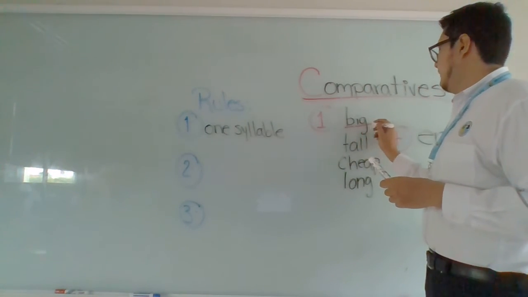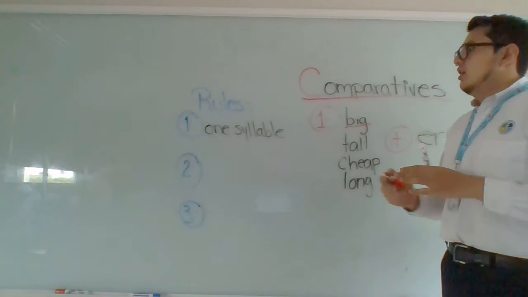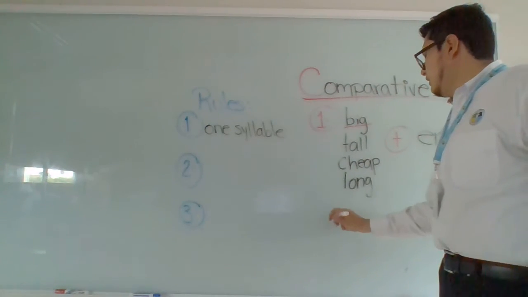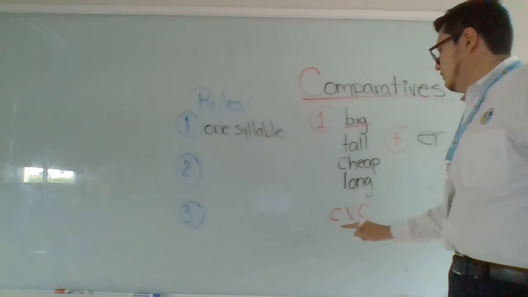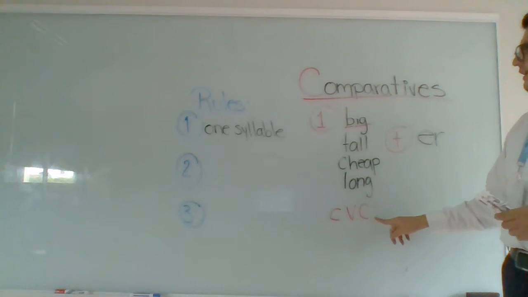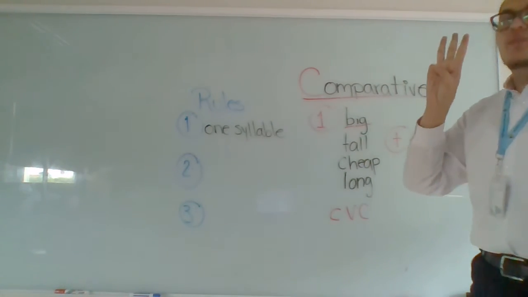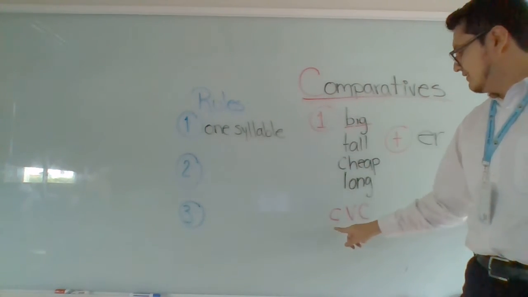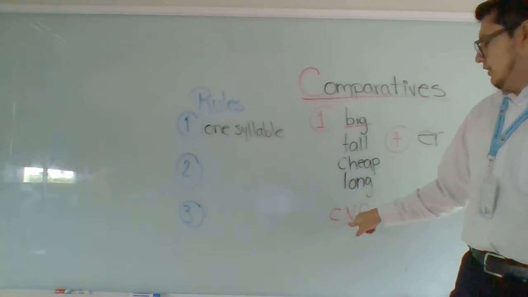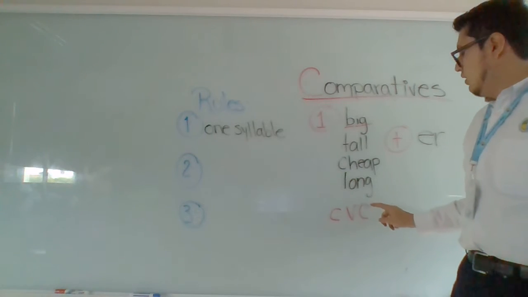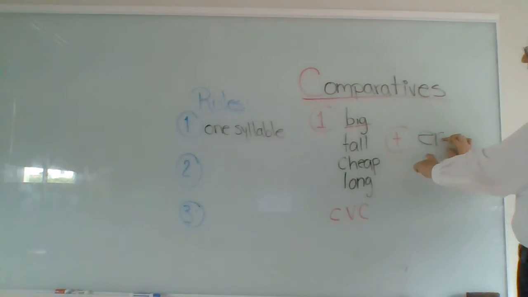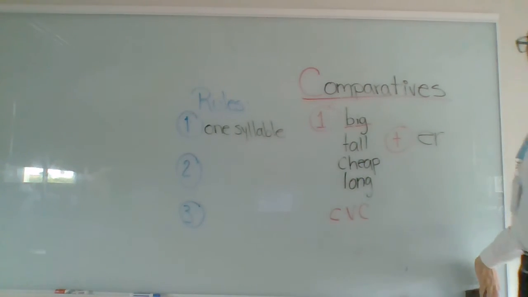When we use one syllable adjectives, we need to follow the consonant, vowel, consonant rule. This rule tells me that if the three last letters of a word are consonant, vowel, consonant, we need to double the consonant and then add the ER.